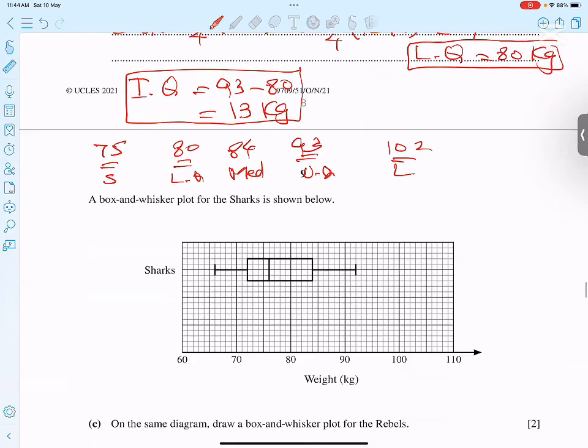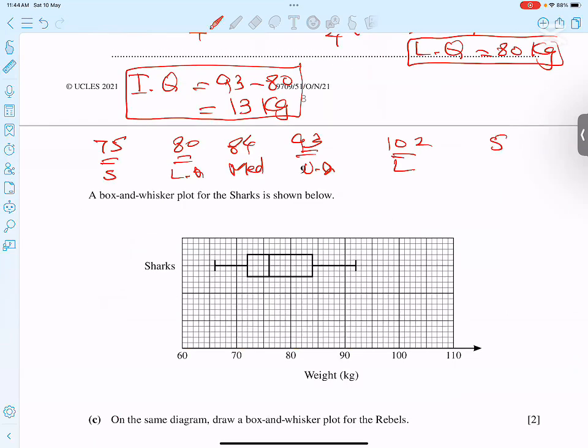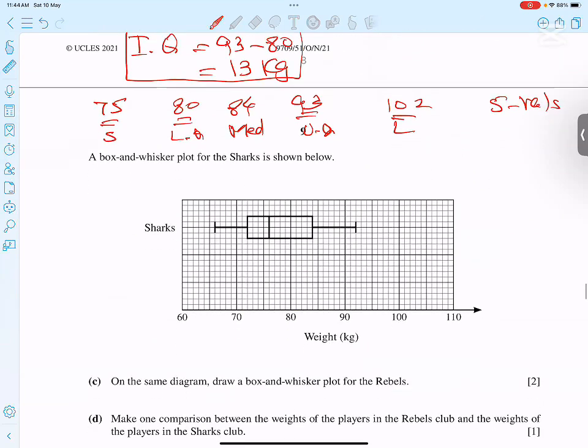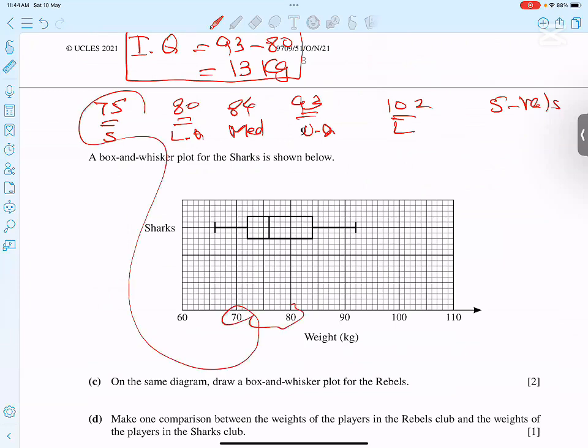So we always need 5 values to make it. Let's start. Where is 75? 70 is here, 80 is here, so 75 is in the middle.